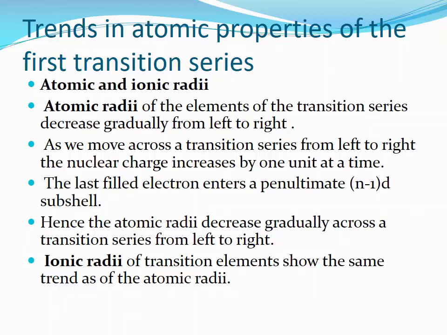As the nuclear charge increases, atomic radius goes on decreasing gradually. In case of transition elements, the last electron enters the penultimate n-1 d subshell. Hence, the atomic radii decrease gradually across a transition series from left to right. Ionic radii of transition elements show the same trend as the atomic radii.